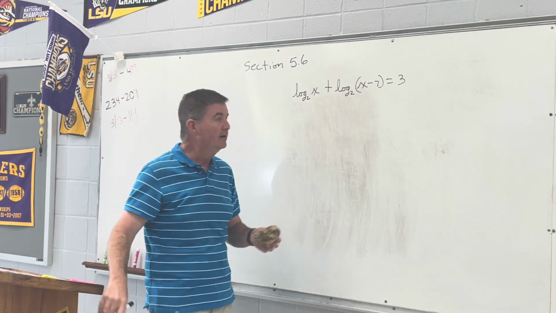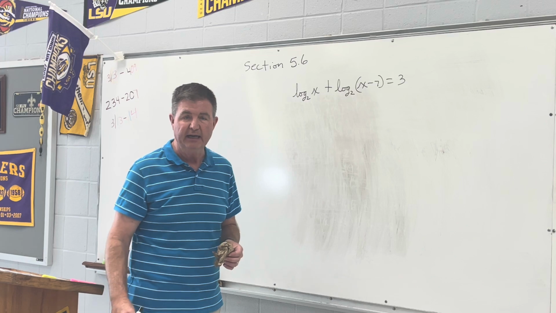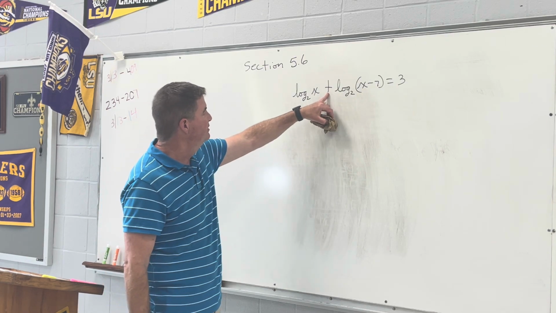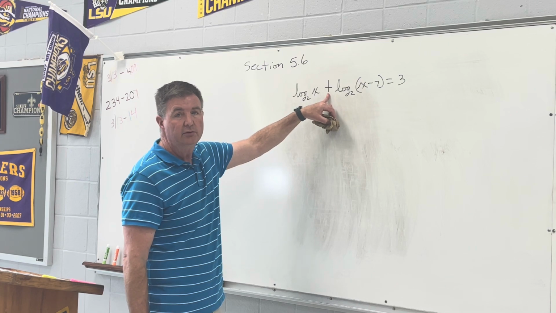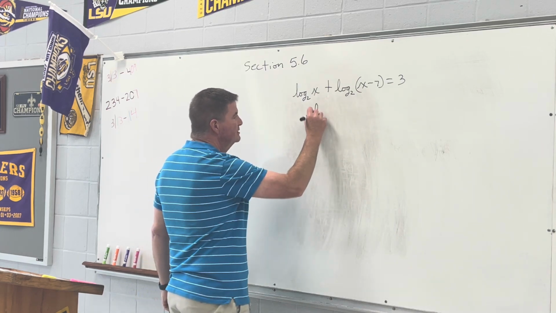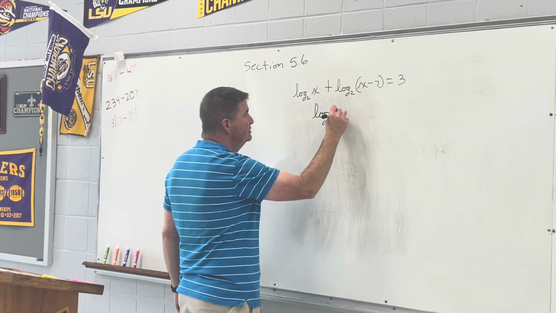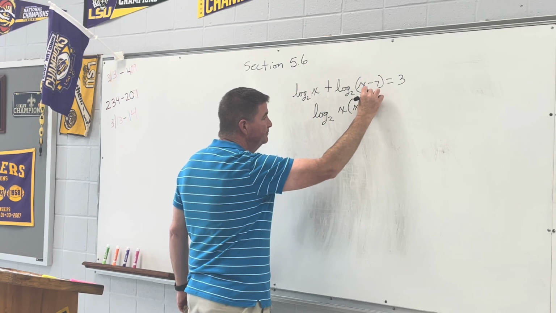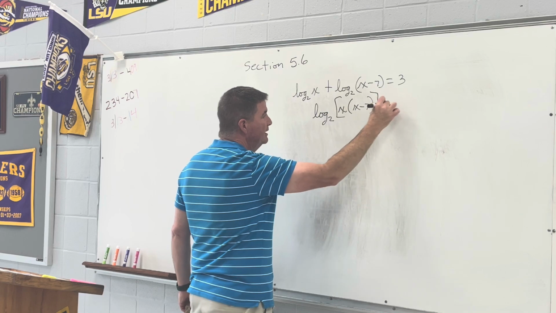In this, I want to be able to rewrite it as an exponent. But in order to do that, I have to use the rule where when I'm adding them, that's the product rule, to put them together as a single log. So this is going to be log base 2 of x times x minus 7 equals 3.